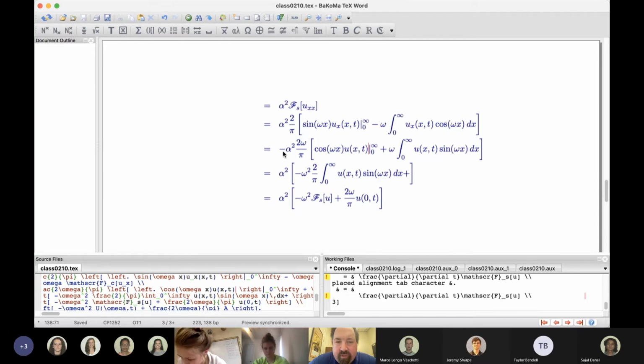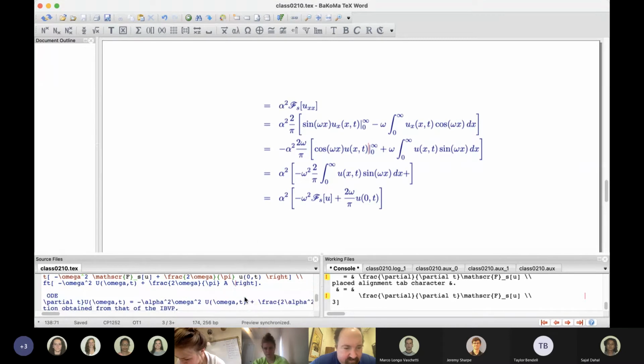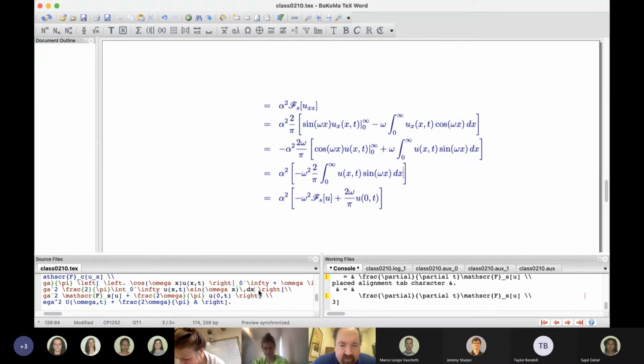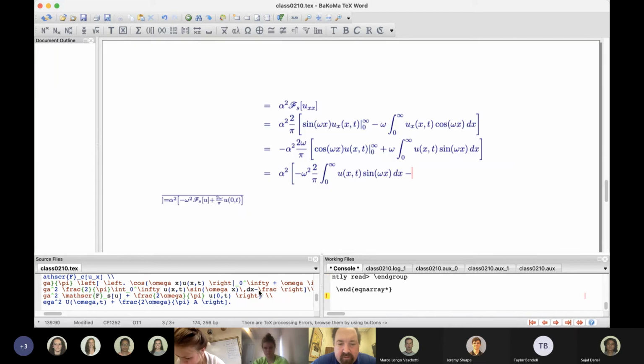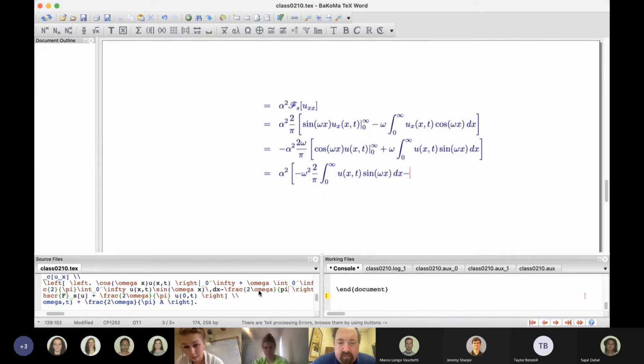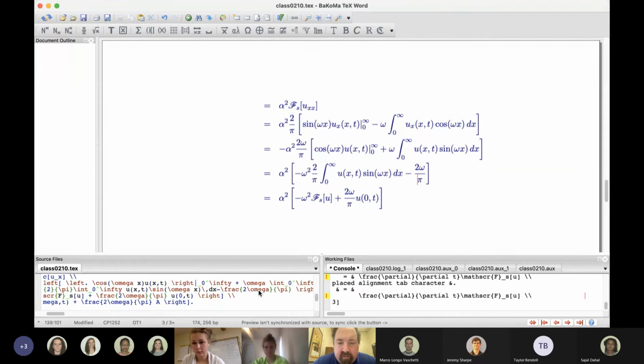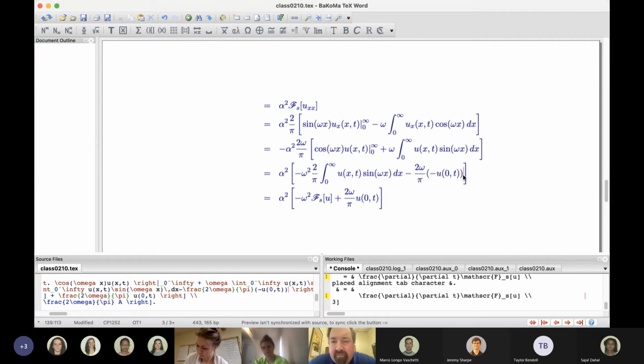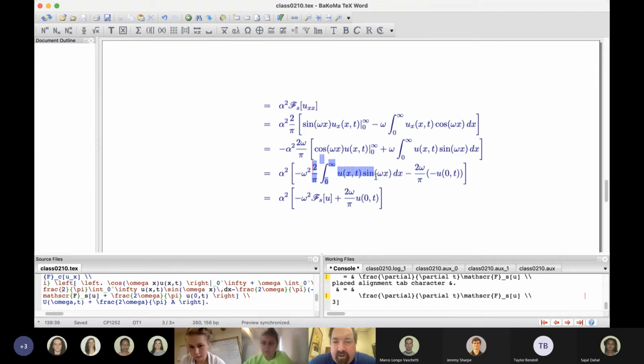So now I move this minus 2 omega over pi inside. And from these boundary terms, I'm going to have minus u of 0,t. But these become a plus, which is what I have down here. This right here, that's the Fourier sine transform of u. So that's what goes down here.